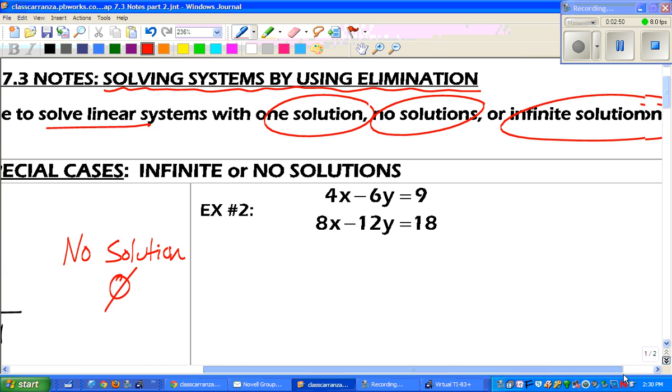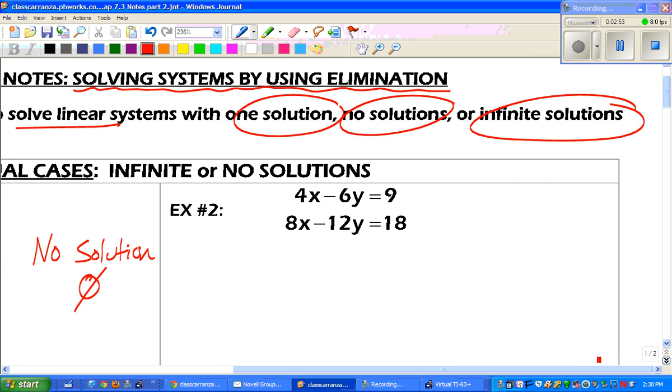All right, let's move on to example number 2. So once again, we want to cancel out the x's, and we're going to do the exact same thing. We bring the 4 down, bring the 8 up, and then we're going to make the top one negative since they're both positive, okay?